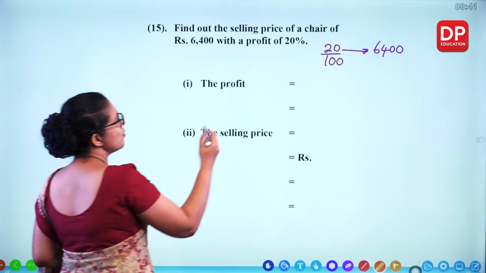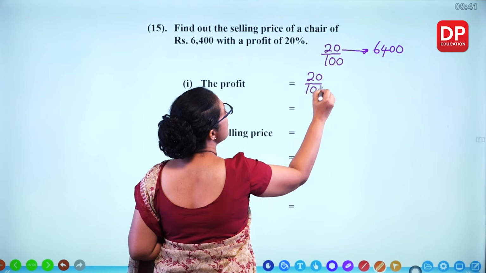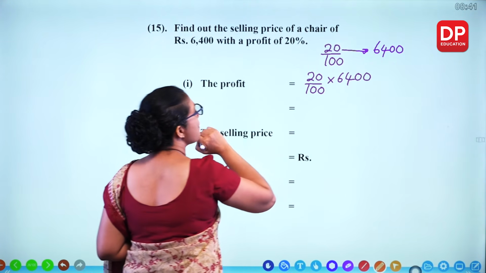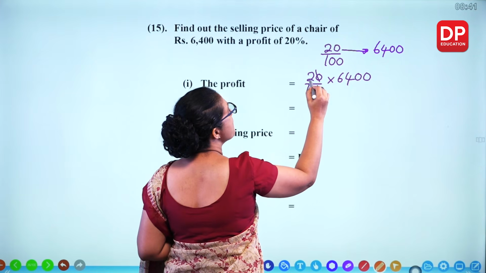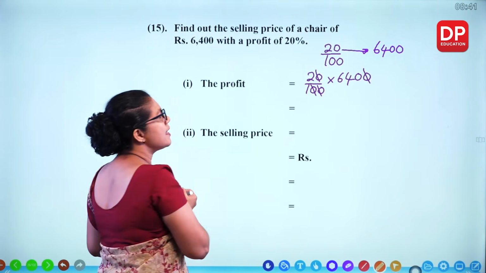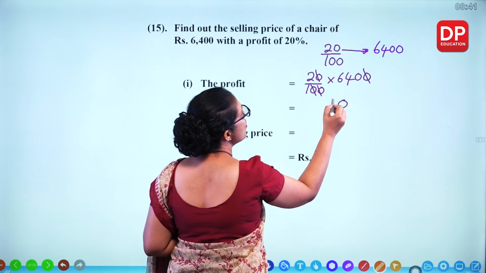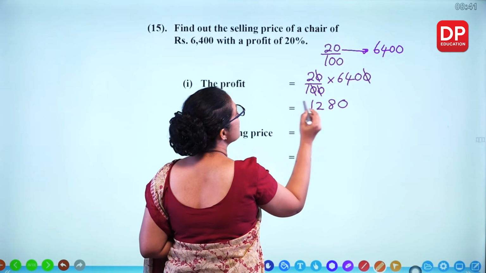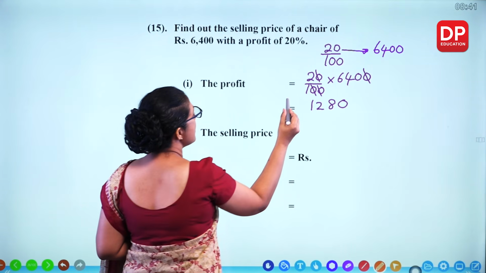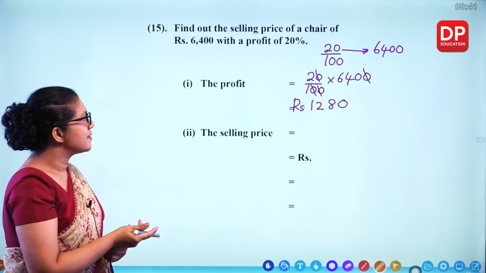So, you can use multiplication. You can divide here by 10 and multiply by 2. 2 times 0, 8, 12. So, 1,280 rupees.